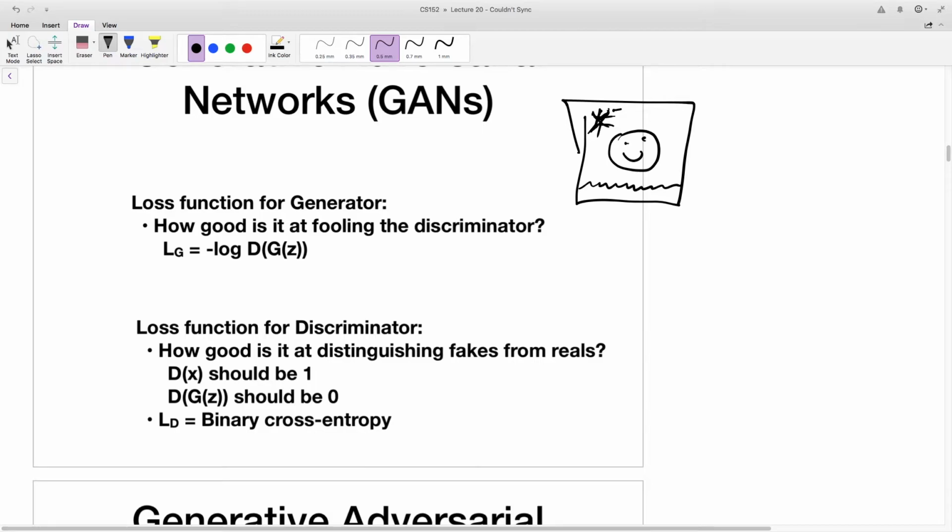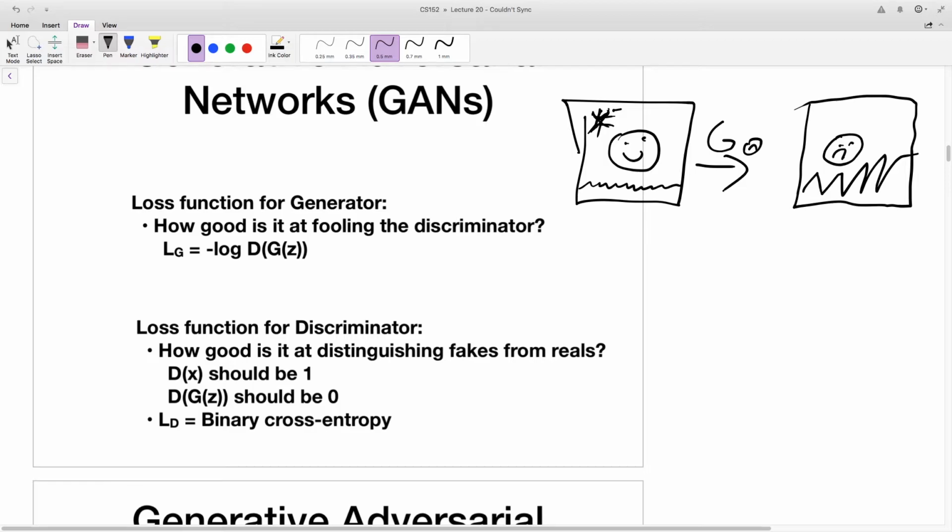The sad face generator, G sub sad, could generate a sad face up in the mountains. That'd be valid, and if it does a good job of that sad face, it'll fool the discriminator.